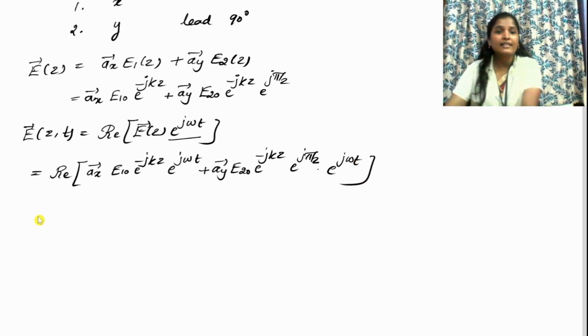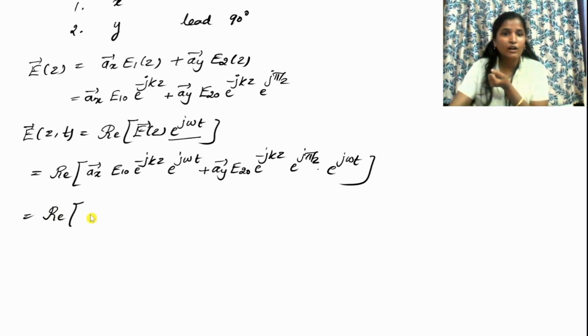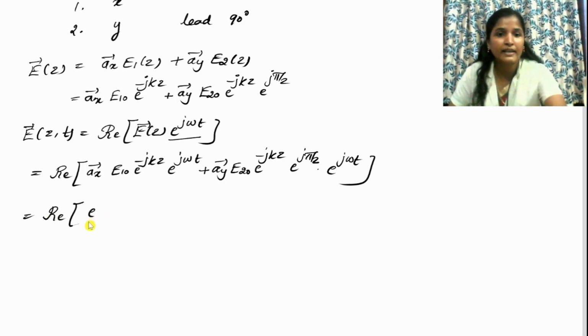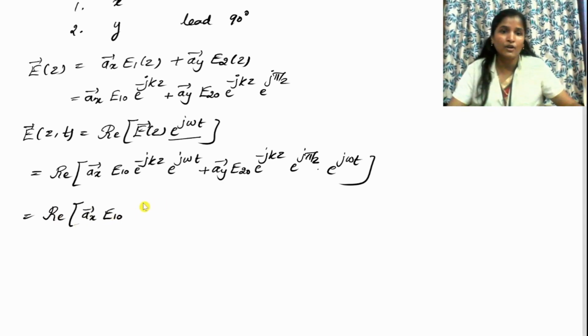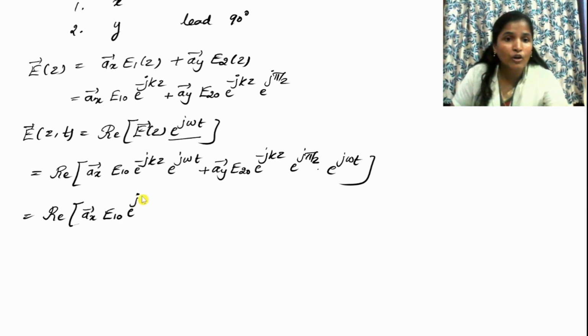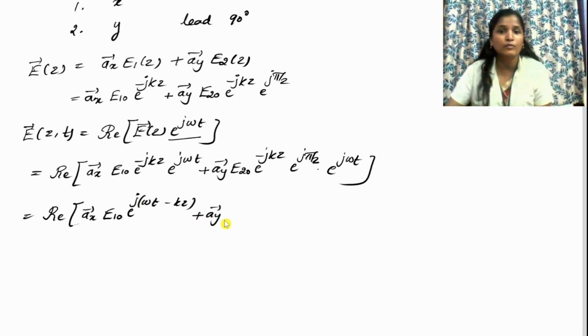We combine the e power j terms together. So the real part of a_x vector E1 naught, taking j common, is e power j of omega t minus kz, and similarly for the second term, omega t minus kz.